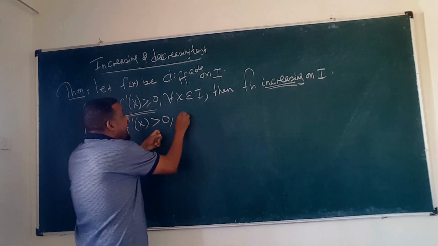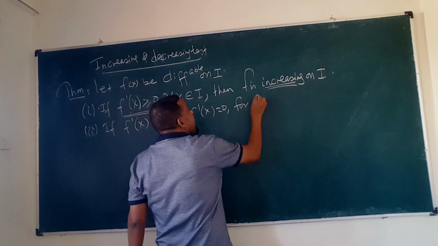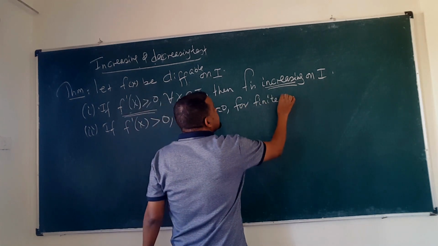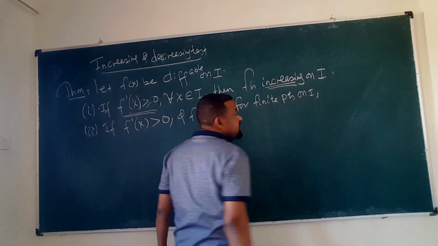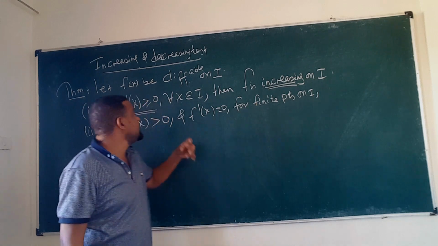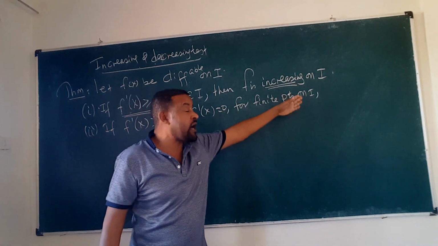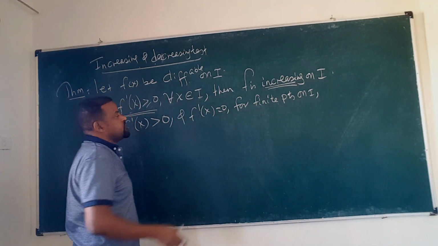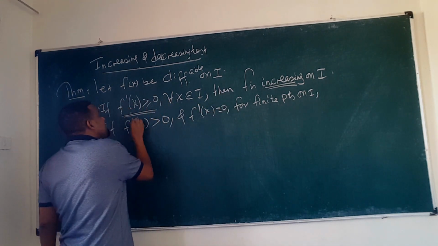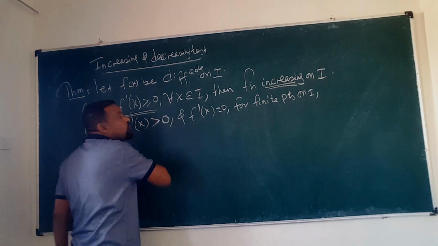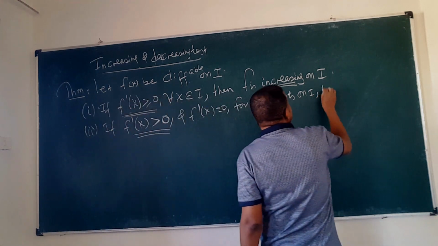if the first derivative is strictly greater than 0 and the first derivative at x is equal to 0 for a finite number of points on I. That means the first derivative is 0 at a finite number of points in I, and the first derivative is strictly greater than 0 elsewhere, then what?